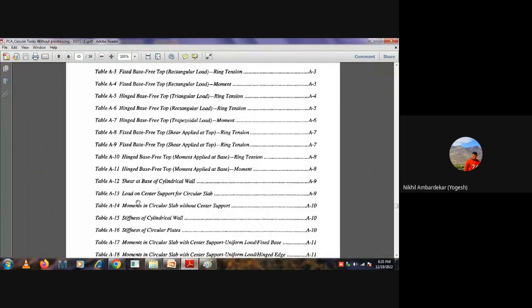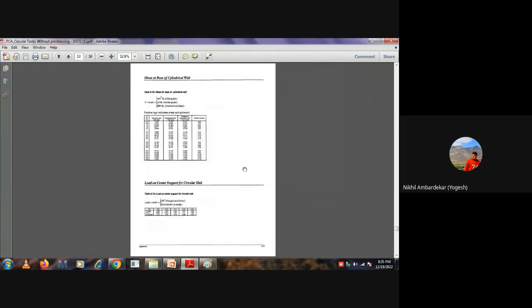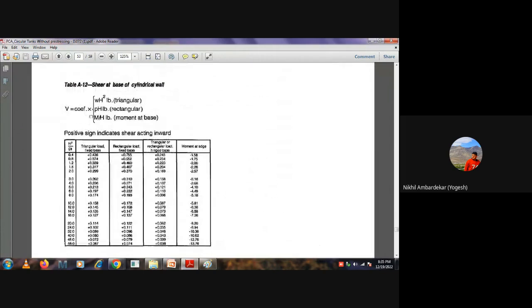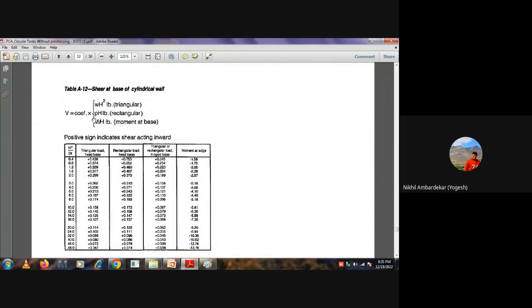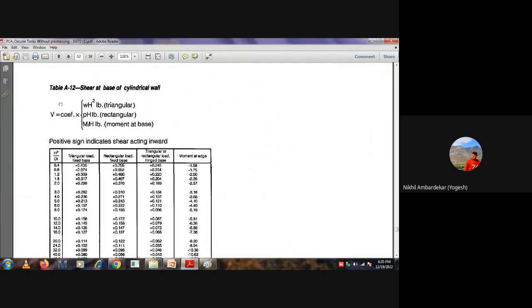Go to that table, shear force table A12, table A12. Just go through this. V means shear force. To calculate the shear force coefficient there are 3 formulas. First, coefficient into WH square, that is for the triangular pressure.